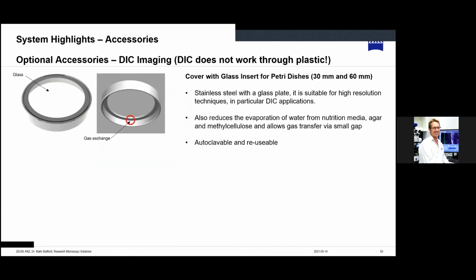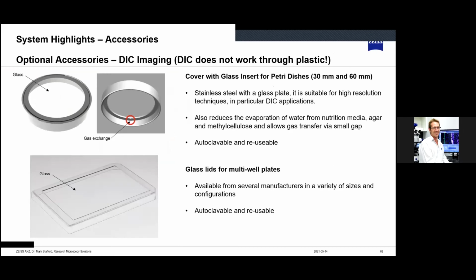I have used these ones and they're really excellent. These are little covers, little metal rings with a glass cover on the top. You can get those for both multi-well plates and for 35mm and 60mm Petri dishes.